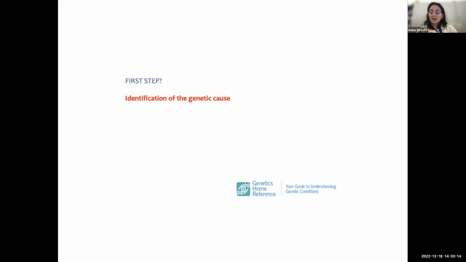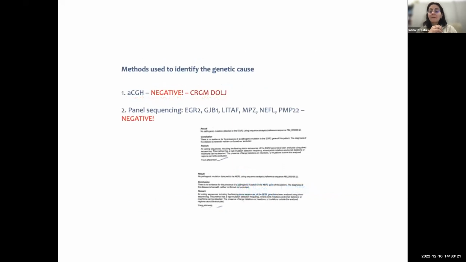And at that moment, because one of the most frequent causes of Charcot-Marie-Tooth is a duplication in one gene, PMP22, we tried to see if we could identify this copy number variation, duplication of this gene, through aCGH, so through molecular karyotype, and this result was negative.